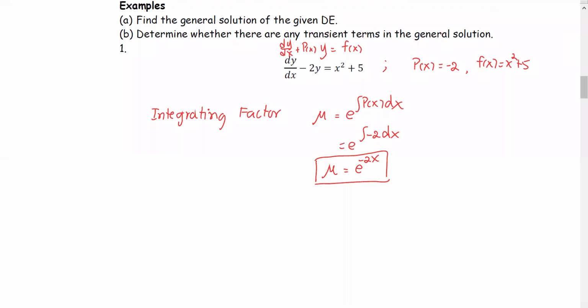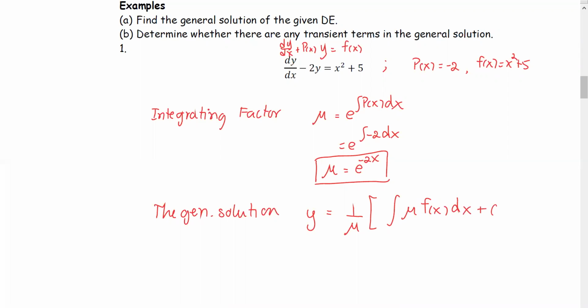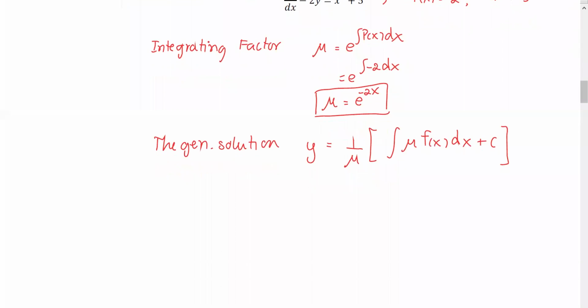And next, substitute mu in the formula to find the general solution of the differential equation. Y equals 1 over mu times the integral of mu times f of x with respect to x plus c. C is the constant of integration.